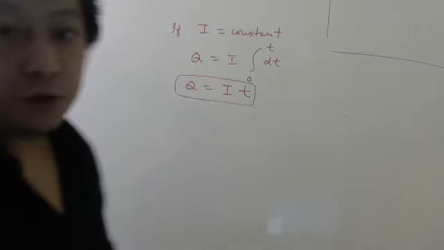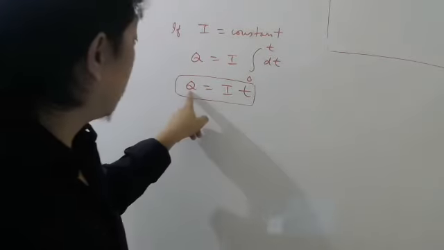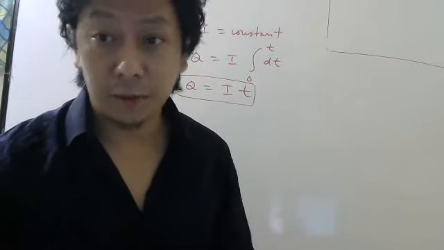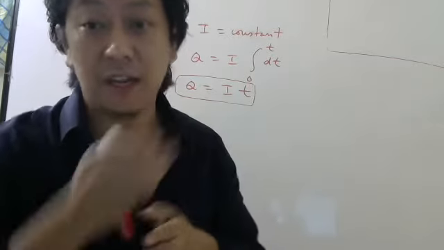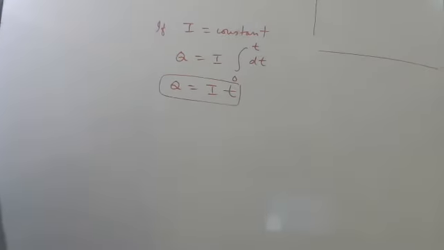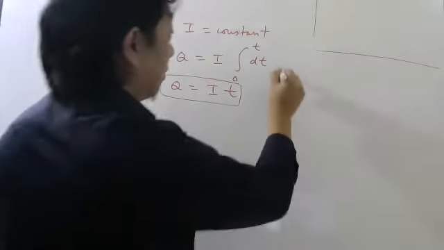Now, it is important to understand that since charge can be positive or negative, current can also be positive or negative depending on the direction. So look carefully here, all of you.